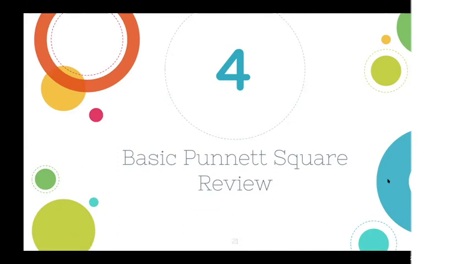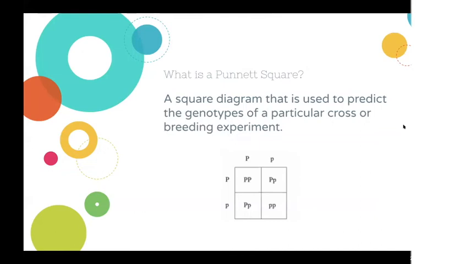So next we will review the basic Punnett square. So this is the chance for those of you that don't know what a Punnett square is to learn more about it. So what is a Punnett square? It is a square diagram that is used to predict the genotypes of a particular cross or a breeding experiment. So basically, the parental alleles are placed at the top and the side.